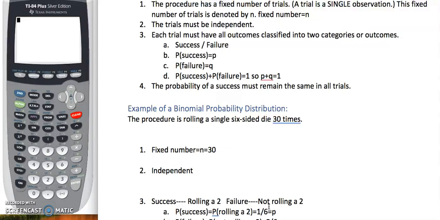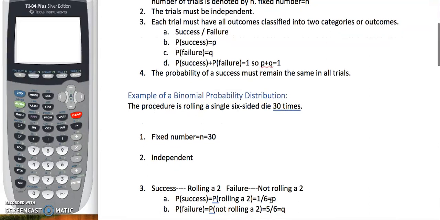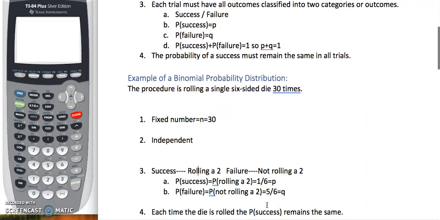Well, if my probability of success is rolling a 2, my probability of failure is rolling any other number besides a 2. We could say not rolling a 2. So the probability of failure is equal to the probability of not rolling a 2. Well, there are 5 numbers that are not 2s, so 5 out of 6. That's my q. If I add these up, I get 1.